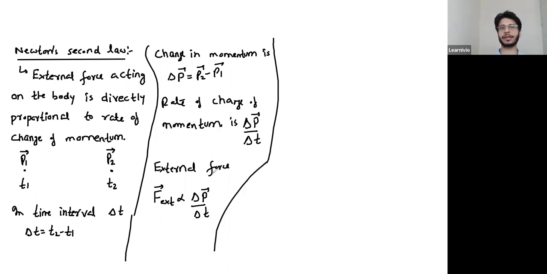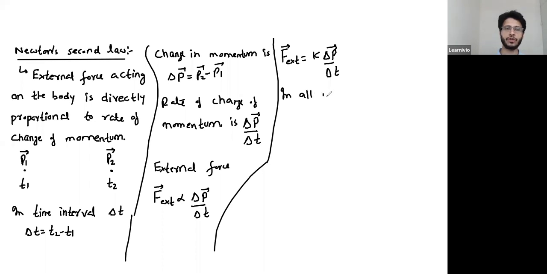If you remove the sign of proportionality, you will get F external is K delta p over delta t. In all systems of units, whether SI, CGS or any other unit, this K comes out to be 1.